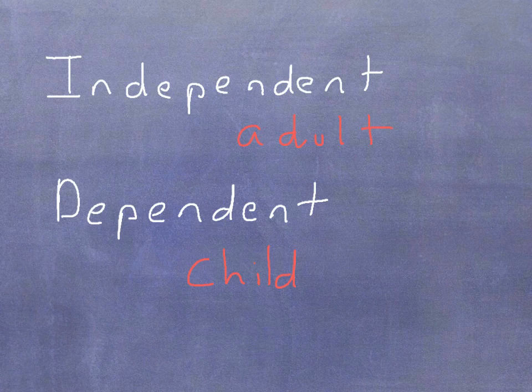In math, we talk about an independent variable and a dependent variable. Sorry, those words didn't turn out so well. A dependent variable cannot change unless the independent variable changes. Much like a baby, a dependent, can't go anywhere unless the adult, the independent, goes with them.